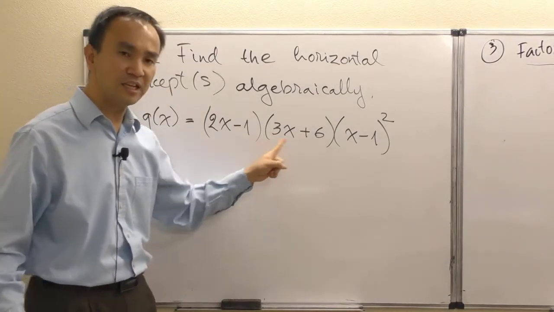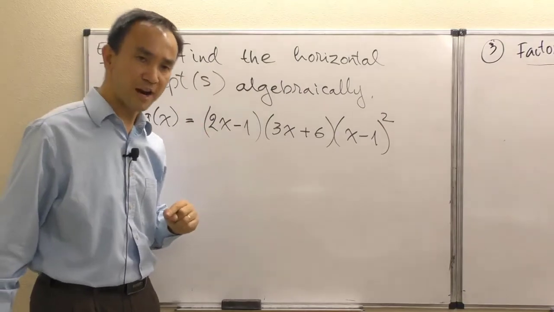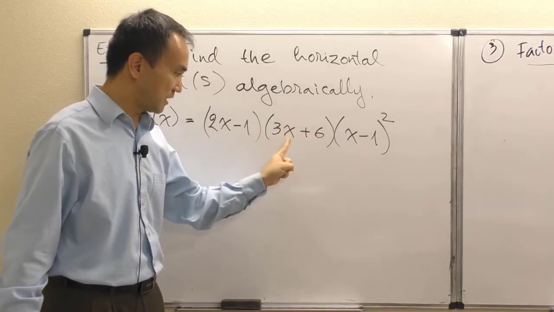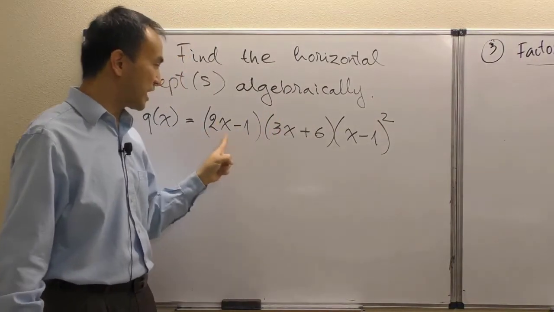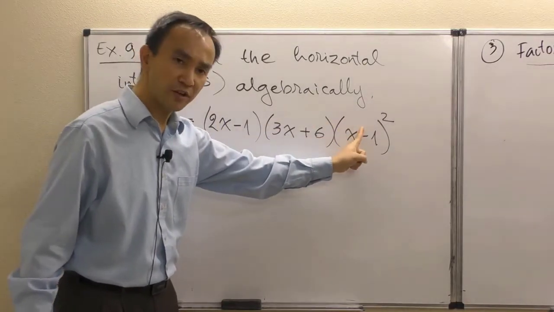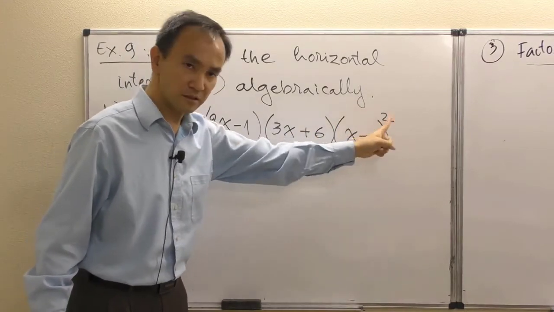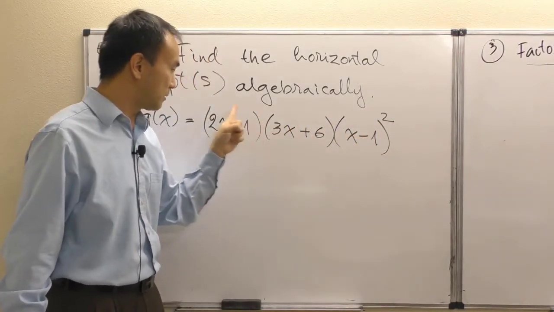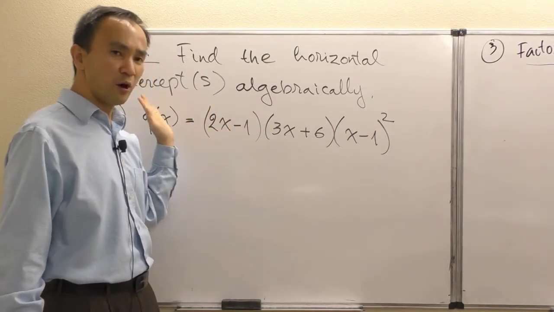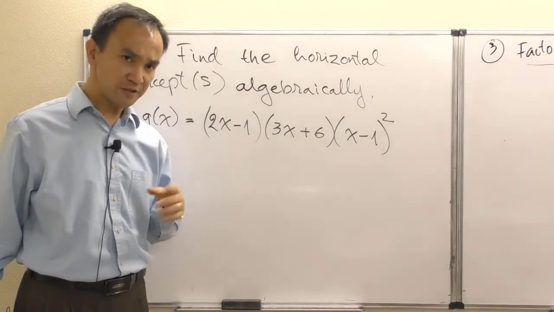In the end, it's a linear factor for the entire product. So it's degree 1. Together with these two factors, it's degree 2. And then with this last one, degree 1 but with multiplicity 2. So overall it's degree 2 plus degree 1 plus degree 1, so your overall polynomial has to be degree 4. It's a 4th degree polynomial.